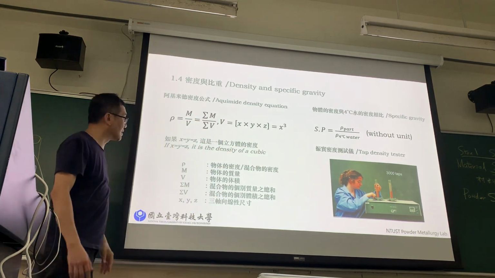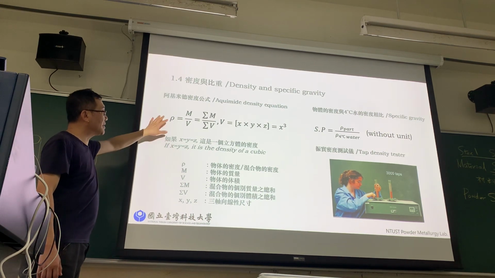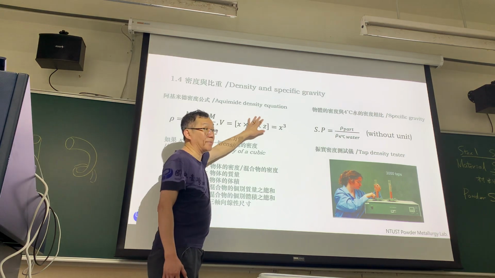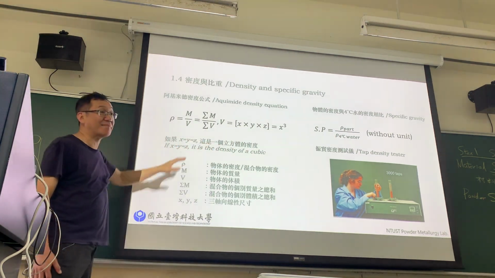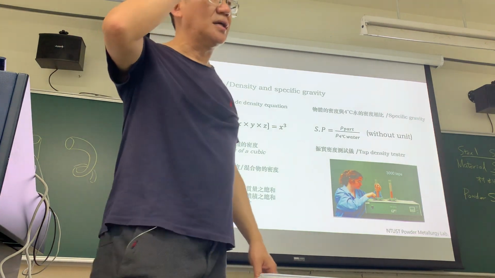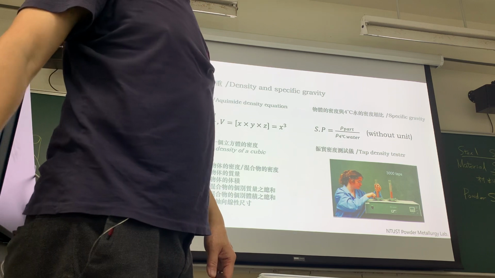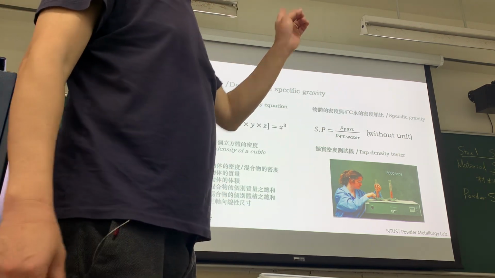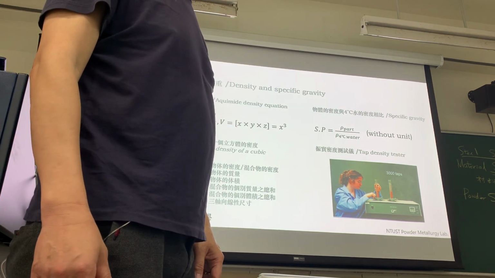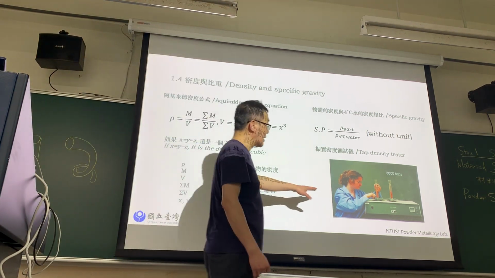This is very easy to understand, but everything is from here: rho equals m over v. This is a very simple equation, and everybody should remember this one. You can use it in your whole life, my life, and other people's life. We use the same equations. Very interesting.